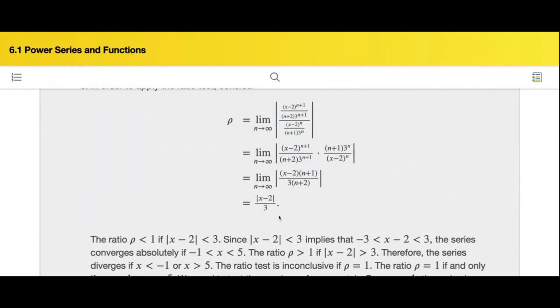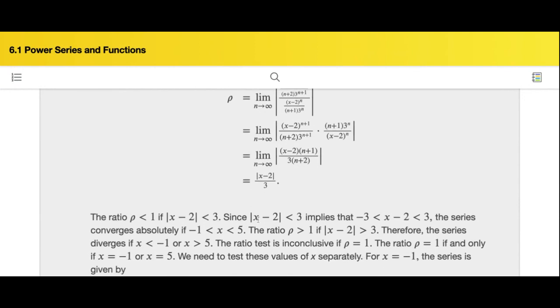We use the ratio test, saying we need this to be less than 1. If it is less than 1, the series converges. So we write down this whole thing less than 1: the absolute value of x minus 2 divided by 3 less than 1. Then we multiply 3 on both sides. So we get the absolute value of x minus 2 less than 3.